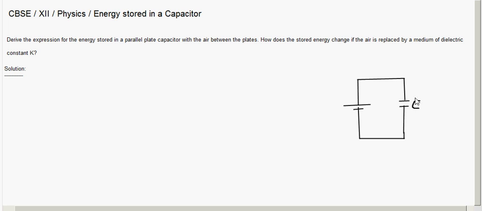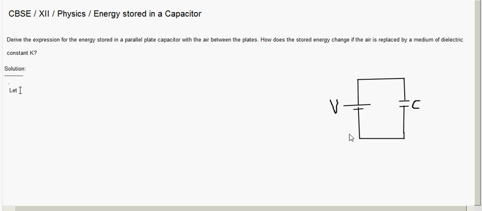Let C be the capacitance of the parallel plate capacitor and V the battery voltage. Now we need to find out the energy stored in this capacitor.